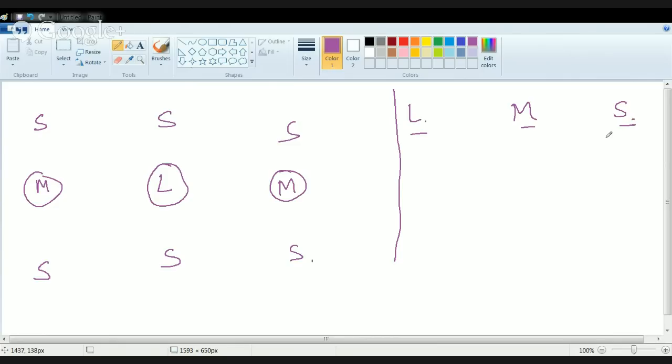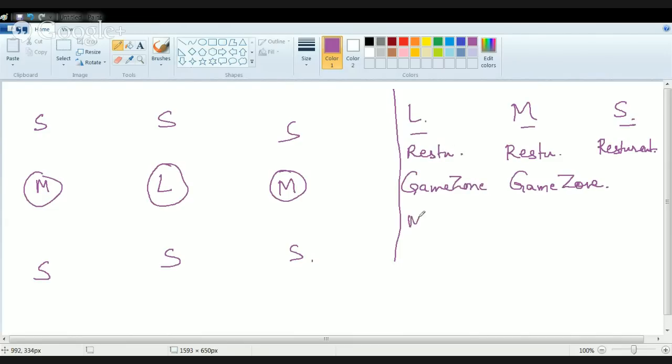So let's say the small center has a restaurant, the medium center has a restaurant plus a game zone, and the large center has a restaurant, a game zone, and also a multi-specialty hospital.